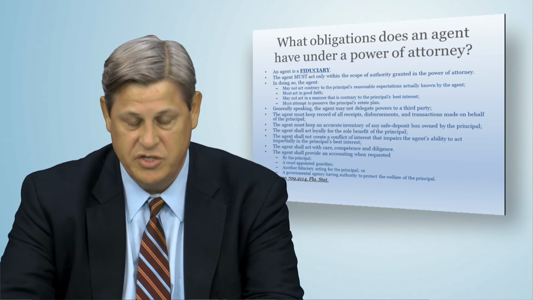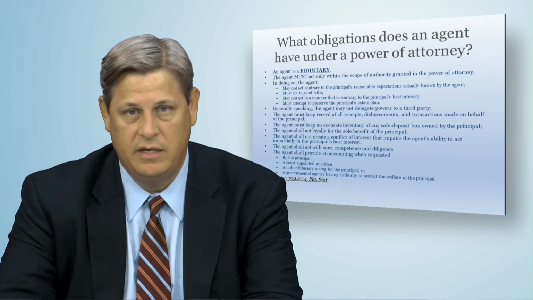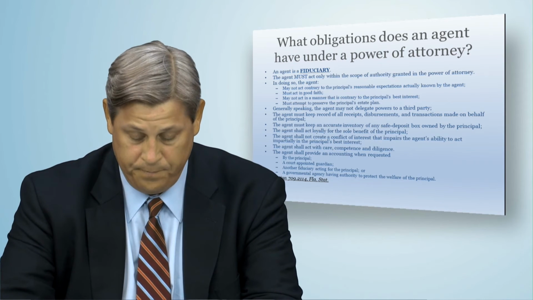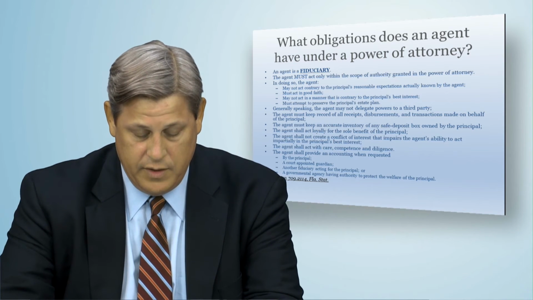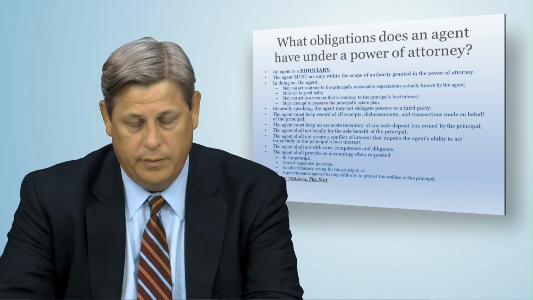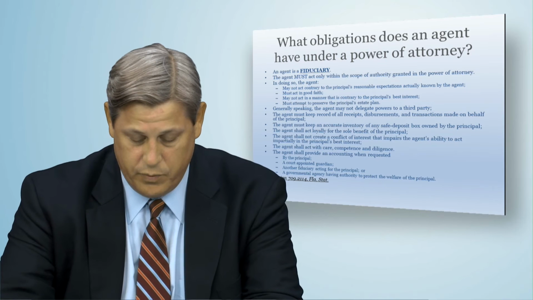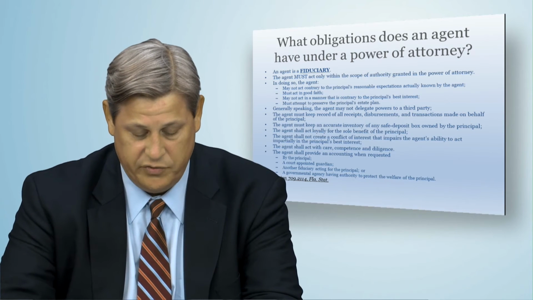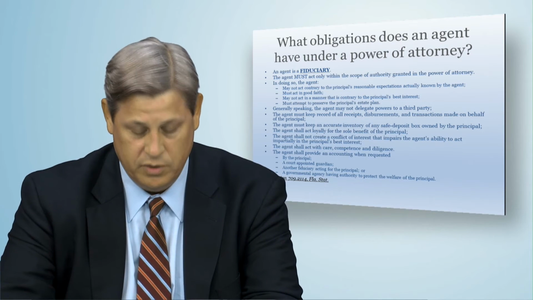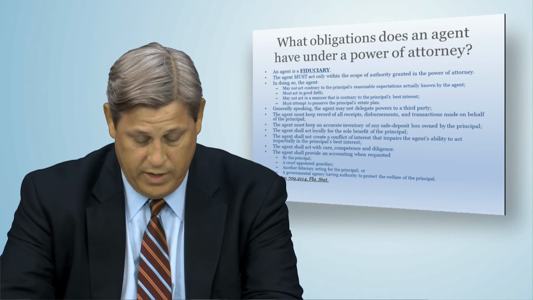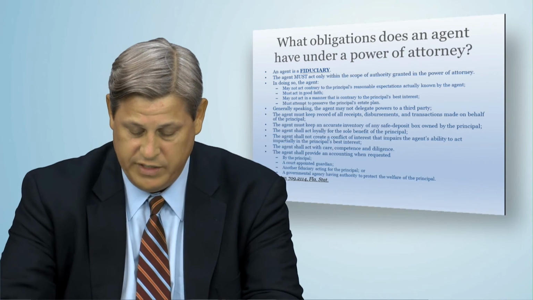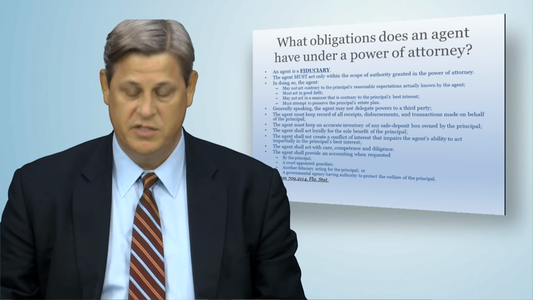Generally speaking, the agent is not authorized to delegate his power to a third person. The agent is also obligated to keep all records, receipts, disbursements, and transactions made on behalf of the principal at hand. The agent must keep an accurate inventory of any safe deposit box owned by the principal.